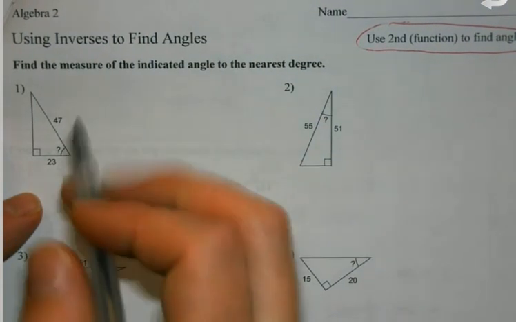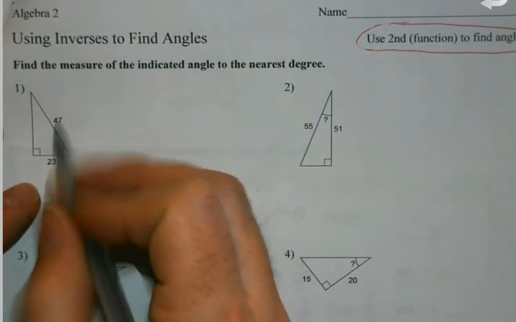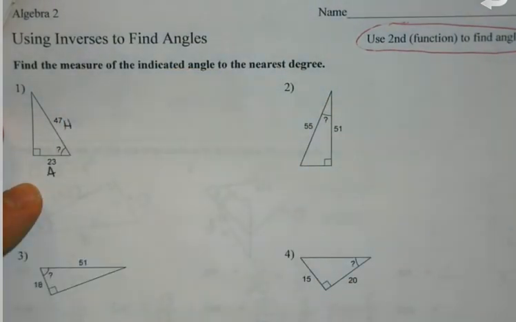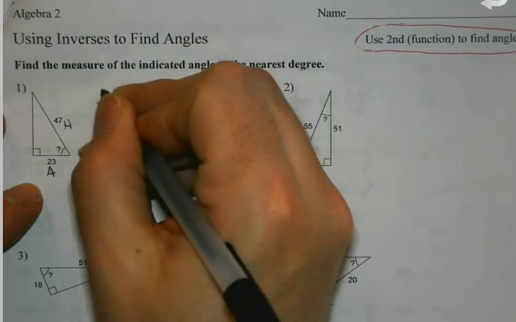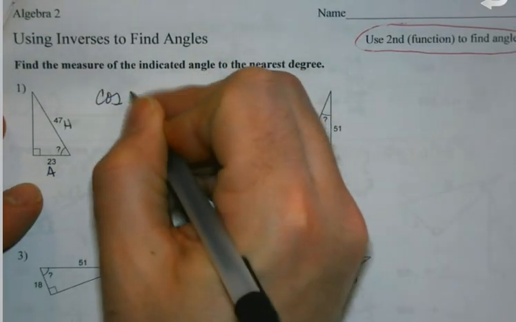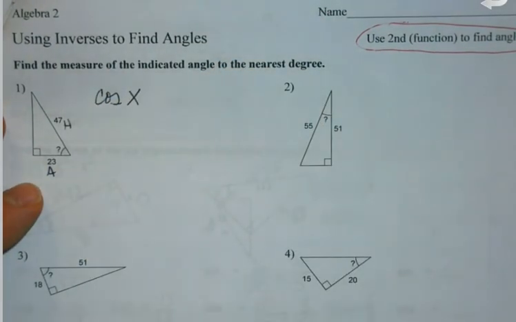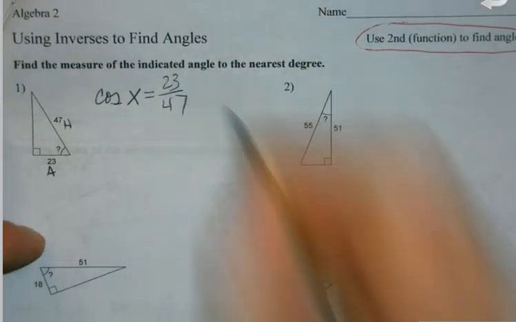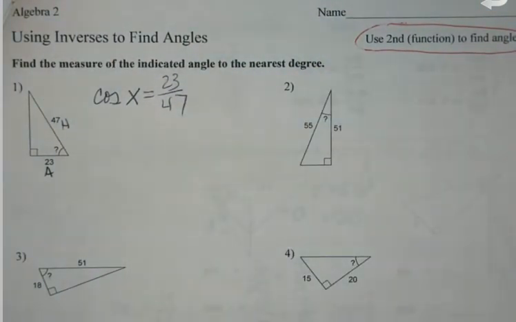So what sides do I have? Adjacent and hypotenuse, so which trig function are we using? Cosine. So the cosine of something equals adjacent over hypotenuse.